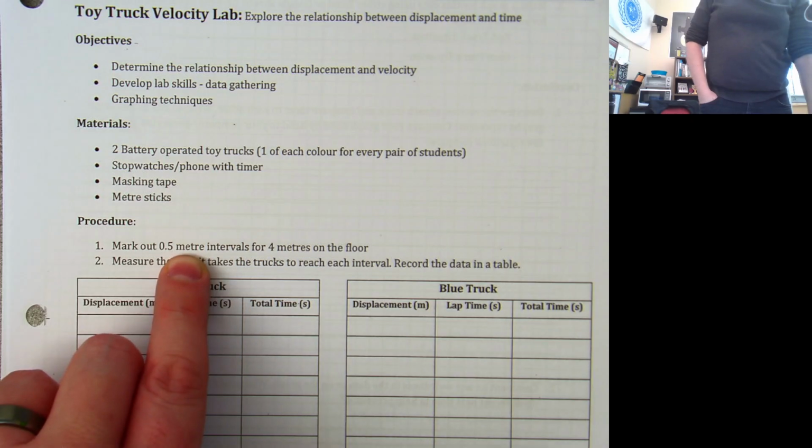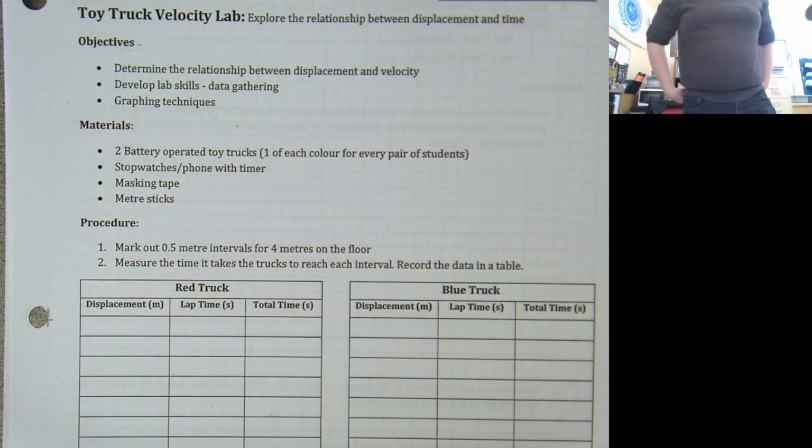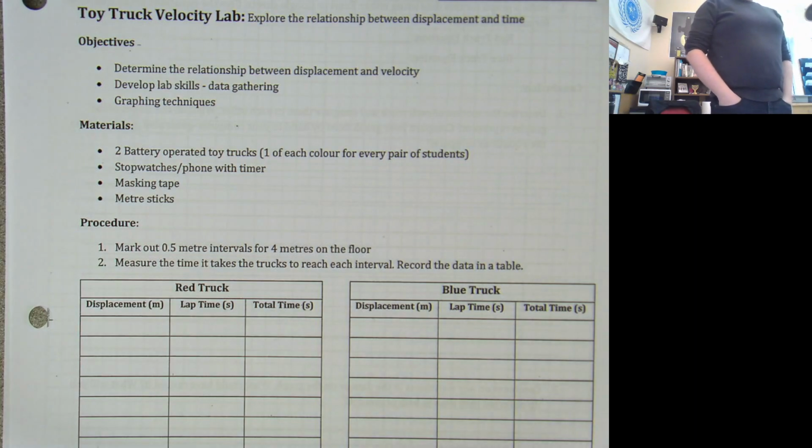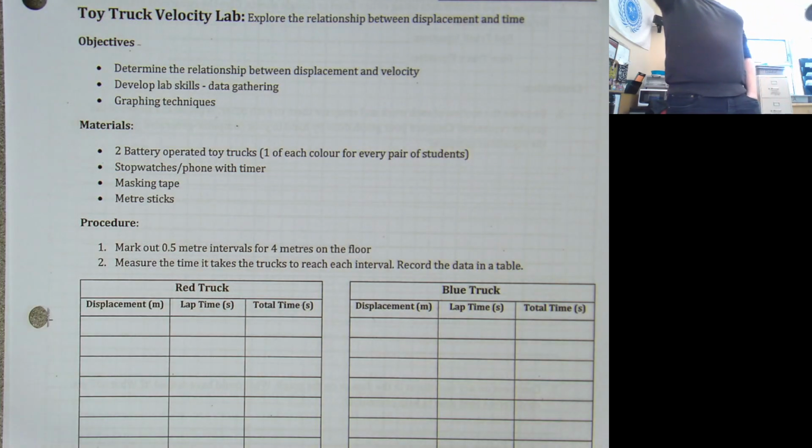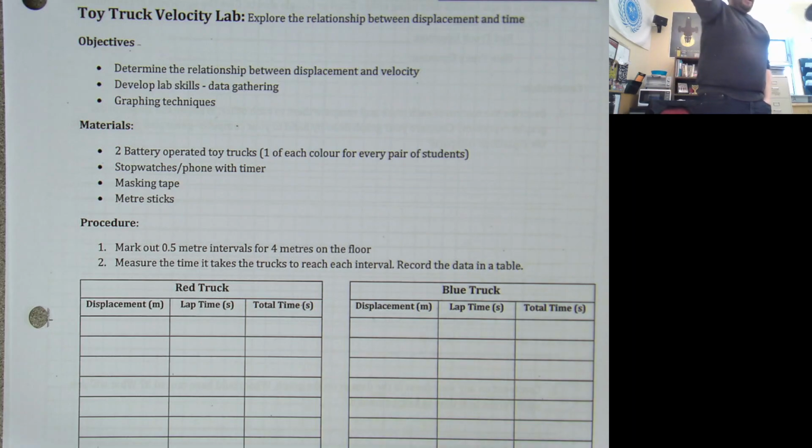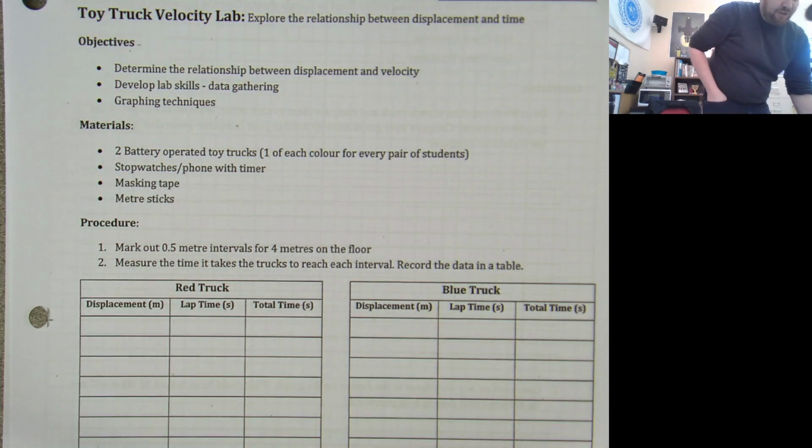You're going to mark out half-meter intervals for 4 meters on the floor. You'll have time to get all of this done, at least the data taking portion of it, before class ends. So you can go into the hallway if you'd like. You can work in the space between Mr. DeVries' room and myself.